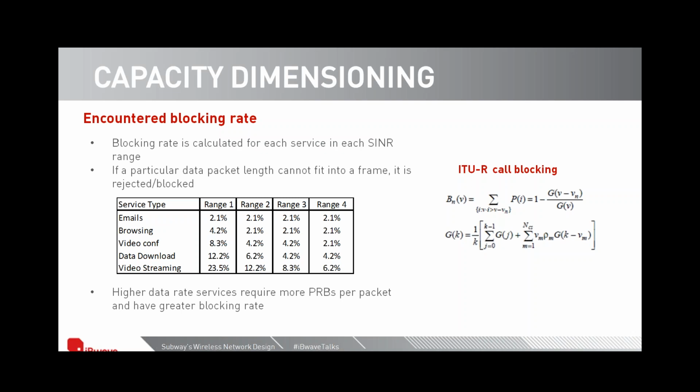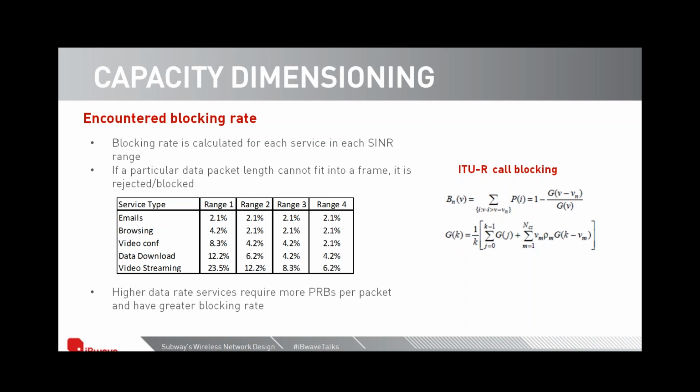Okay, you can do a similar example for a gap equal to 20 milliseconds, which is 2 frames and not 1 frame. But for the 1 frame gap, you see the numbers here, and the lowest call blocking is for email, which is not unusual because email, as we have seen, needed just 1 PRB, and for video streaming it is much higher because we needed more PRBs, or more resources.